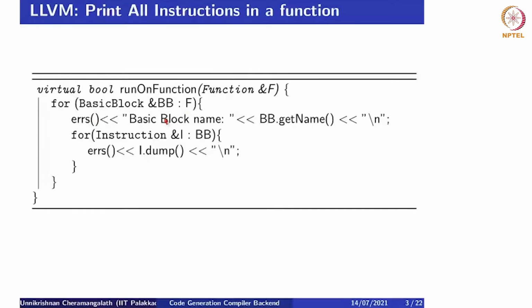Then for each instruction I, you print all the instructions in the basic block using I.dump(). So this is the LLVM IR; maybe you worked on LLVM passes. You might have read code similar to this. Then you run your LLVM passes with the opt tool.